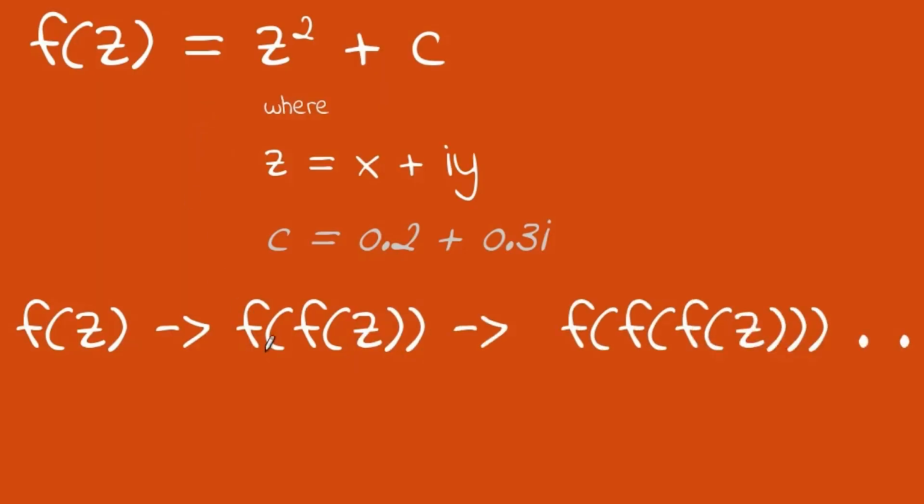So we calculate f of z, get an output, which is z squared plus c, where c is this fixed complex number. And then because it's an iterative process, we take that output, f of z, that's our new input. So that's like our new z, and then we input that back into f. So basically we're applying f of z, then f squared of z, then f cubed of z, and you just iterate this process and keep applying f more and more times to the starting point z.